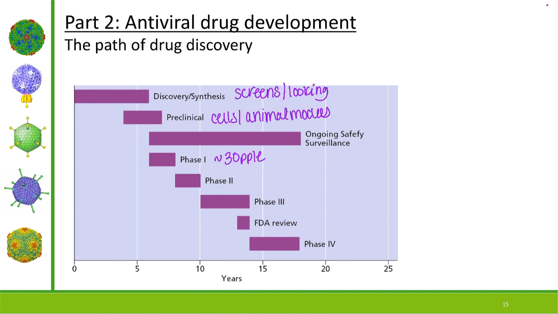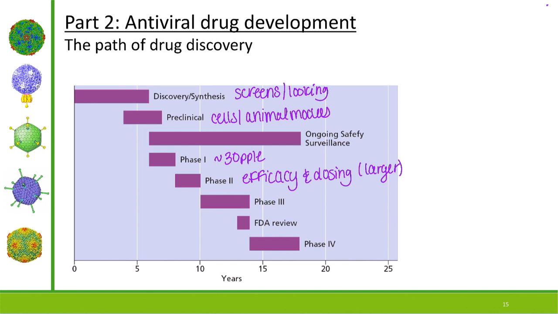And if the drug passes phase 1, so those 30 people or so, we then move on to phase 2. Phase 2 is often focused on efficacy and dosing, and it tends to be a larger number of people, so sometimes hundreds, and fully depends on the clinical trial.